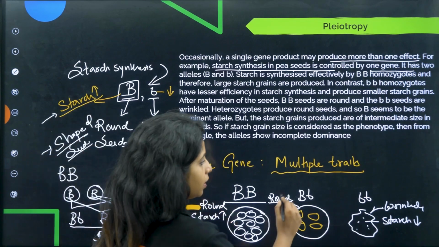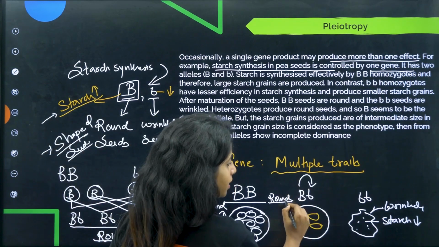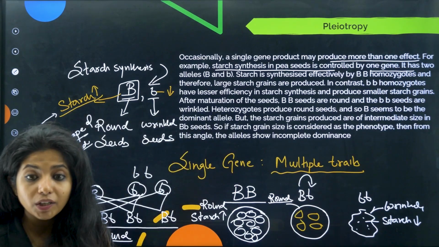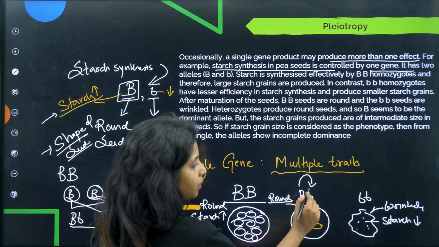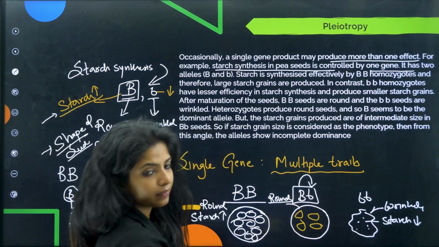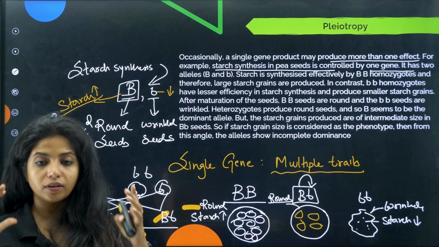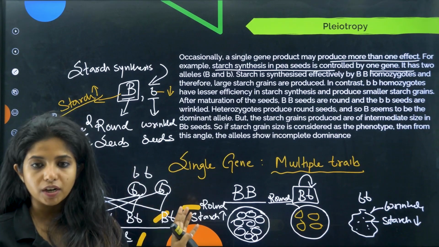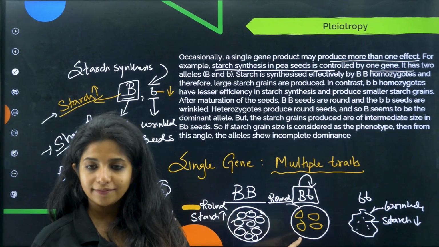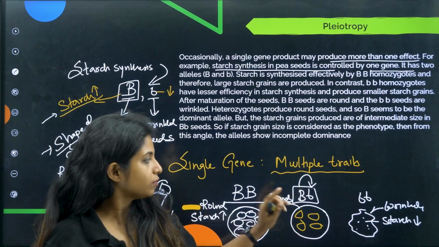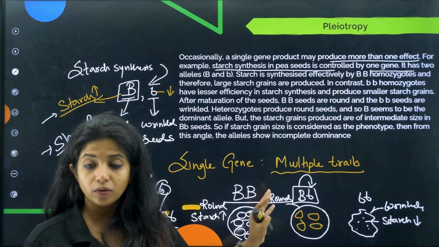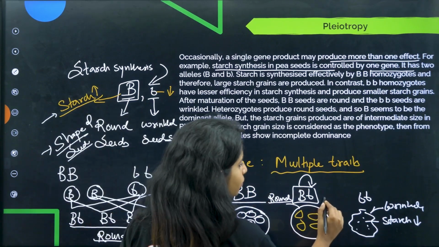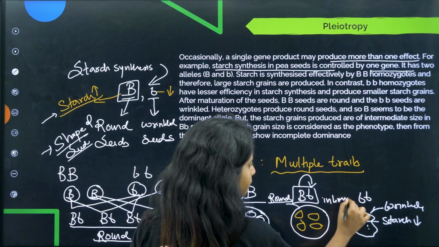And also one more thing. Can I say that this is incompletely dominant over small b? When these are present, either it has to be very round, having enough amount of starch, but that is not being possible over here. Round, yes, but at least the amount of starch being produced is at an intermediate level, right?